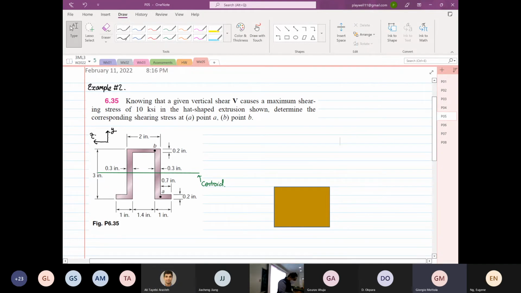Okay. Right. So now I wrote that the centroid is there. We are also given that tau max is equal to Vy over Izz, Qz divided by t, or just tau.